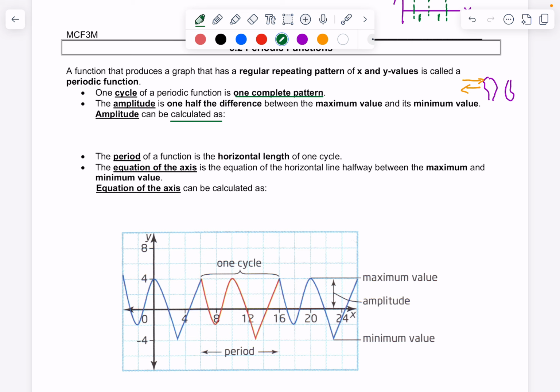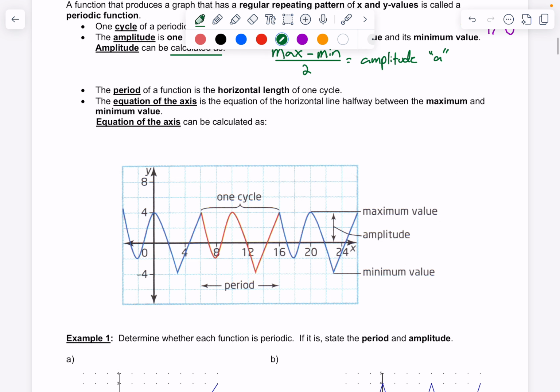The amplitude is the max minus the min, divided by 2, and that is equal to your amplitude. We typically denote amplitude as the letter A. That's for amplitude.